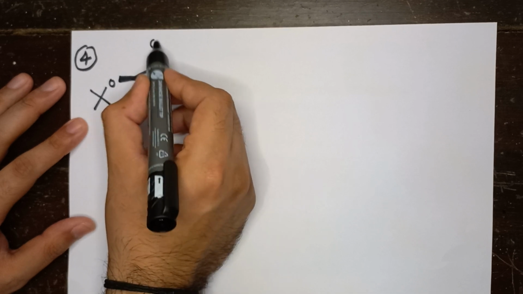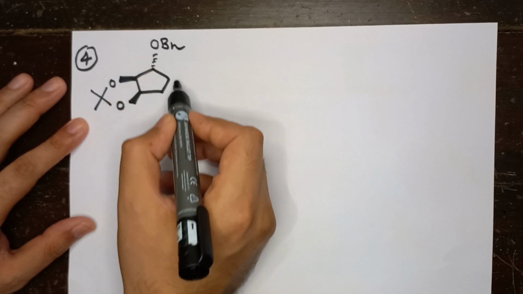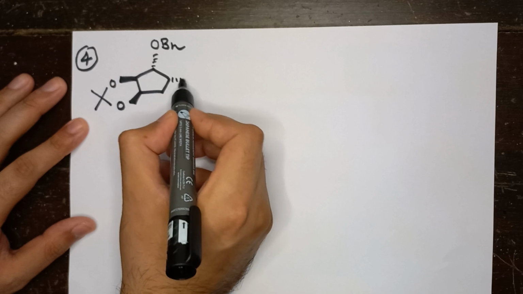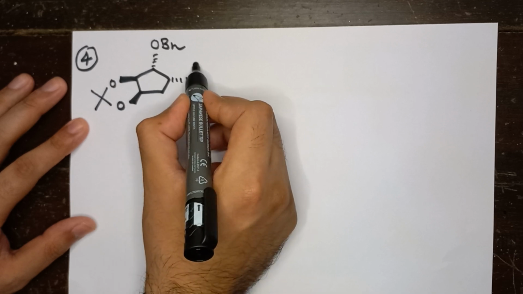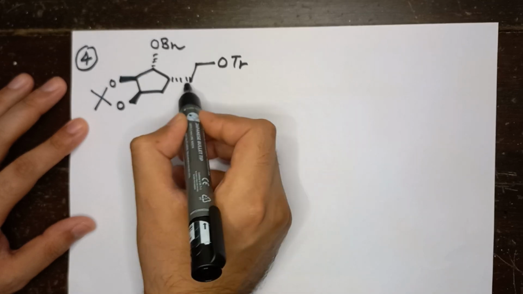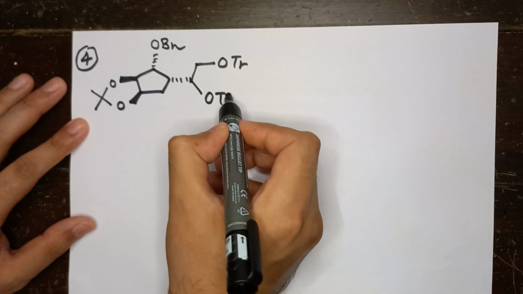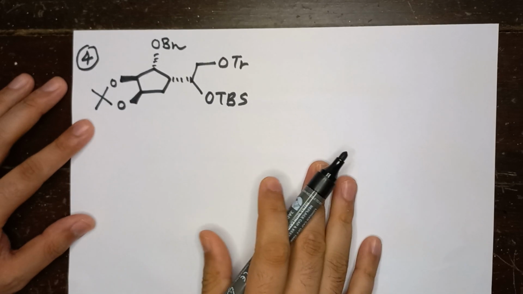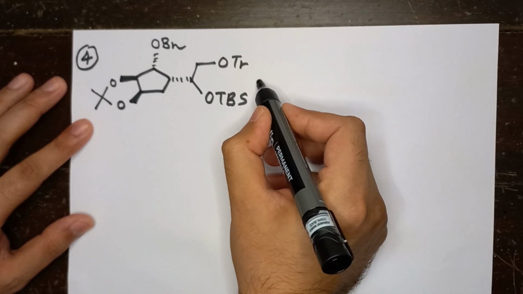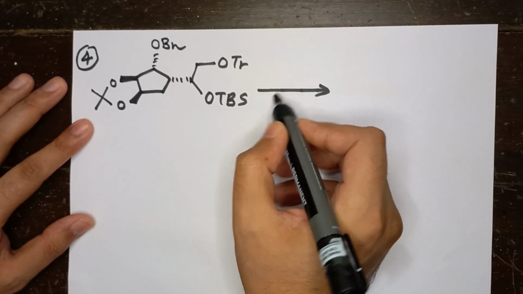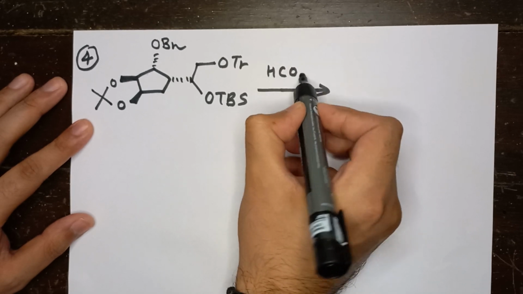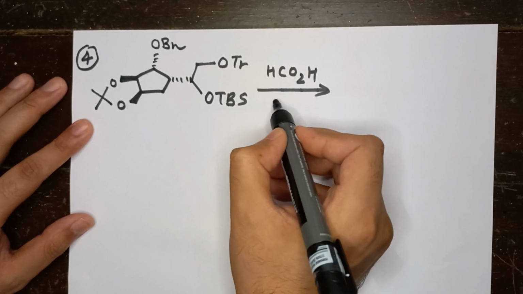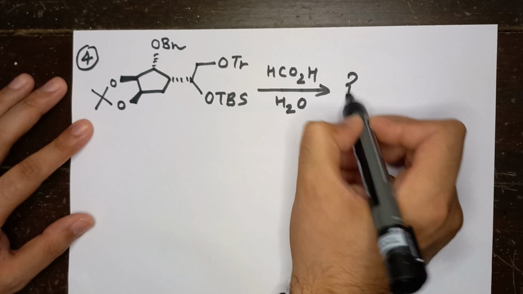Here we have an OBn group, and here we have an O-trityl group and an OTBS group. So we have all these protections when we react this with formic acid and water. So what is the product?